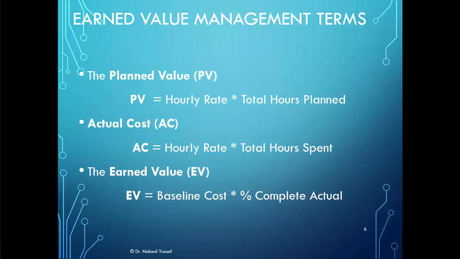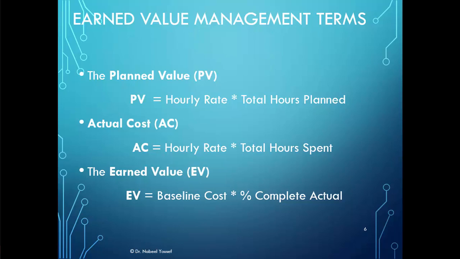Once the activity is done, we can calculate the actual cost, which is formally called the actual cost of work performed, ACWP, and is the total of direct and indirect costs incurred in accomplishing work on an activity during a given period.